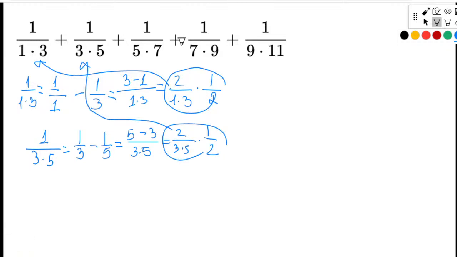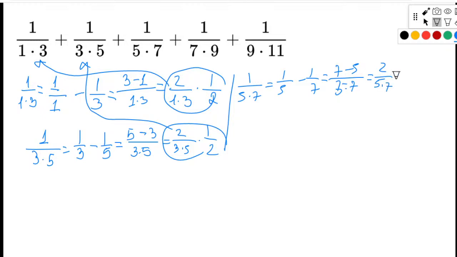Let's check if this works for all of them. 1 over 5 minus 1 over 7 would be 2 over 5 multiplied by 7. Actually, if we check all of them, they would work, but let's do it.